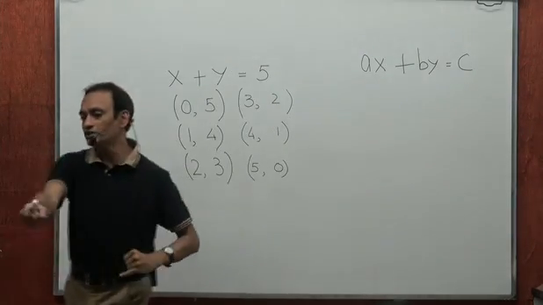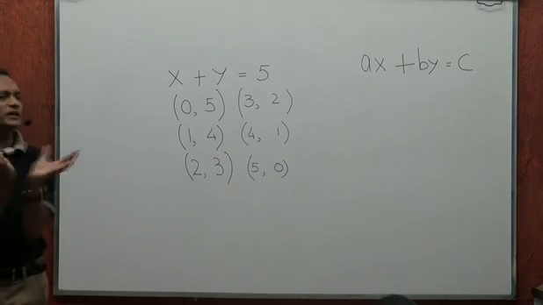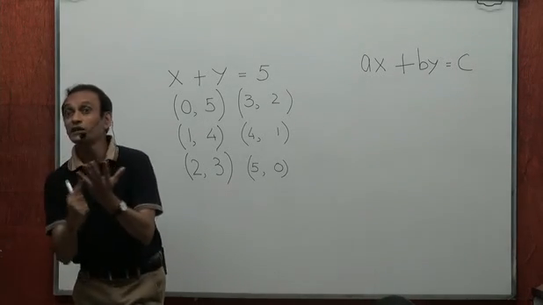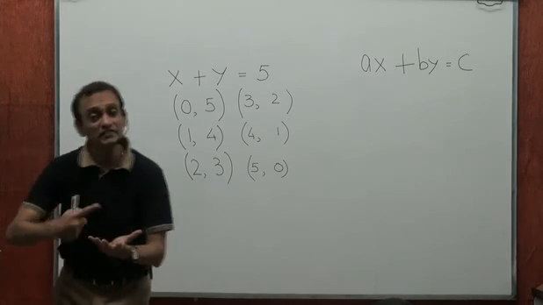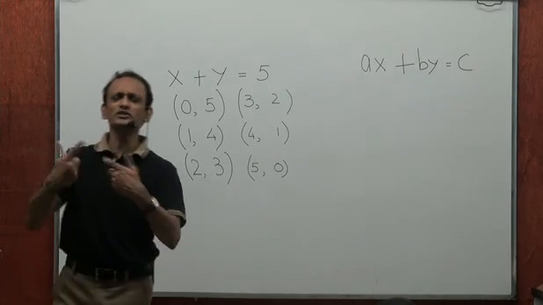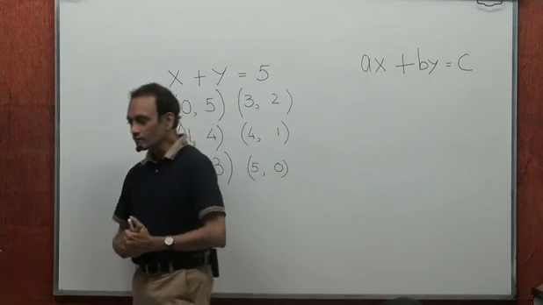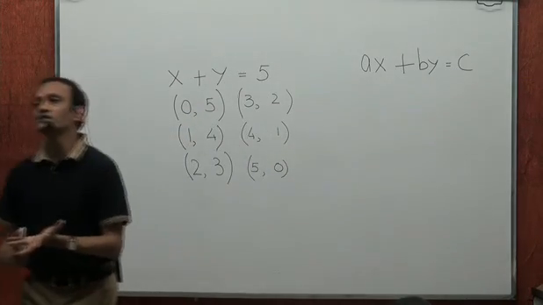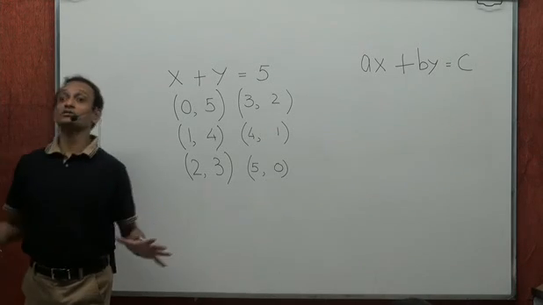One, of course, is observing the situation, observing the equation, looking at parity, the even odd situation, looking at divisibility issues. Some of these issues would lead us to integral solutions to equations. The second one is factorizing. Factorizing could come in very handy.